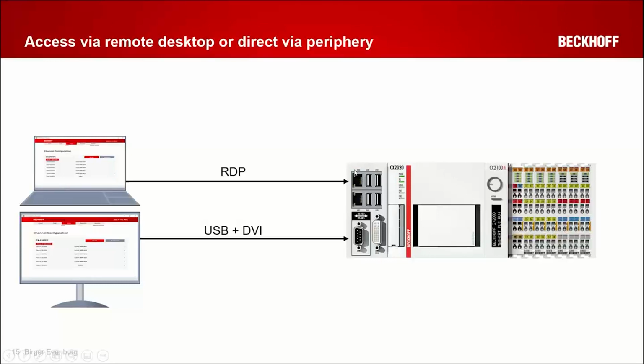Third, we have to open TwinCAT directly on the controller. So we are hooked up via USB and DVI, monitor, mouse, keyboard. And then we can use this Windows operating system next to our real-time for the user mode application of the engineering process. So we can open TwinCAT FlexMeter on that controller and can do every configuration on one system.